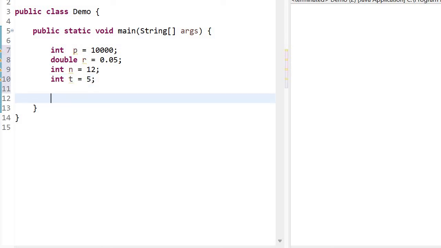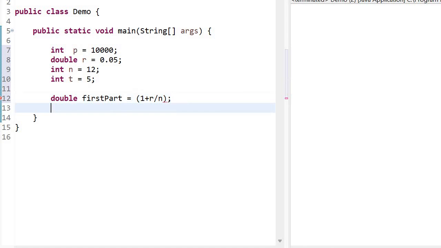After this, let us calculate the two parts as we have discussed. The initial part I will be taking as first part, which is equal to 1 plus r divided by n, right? And the second part will be equal to n into t, right?